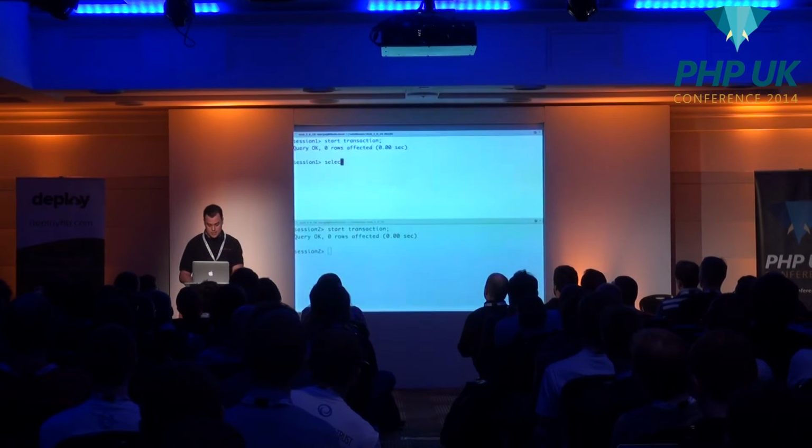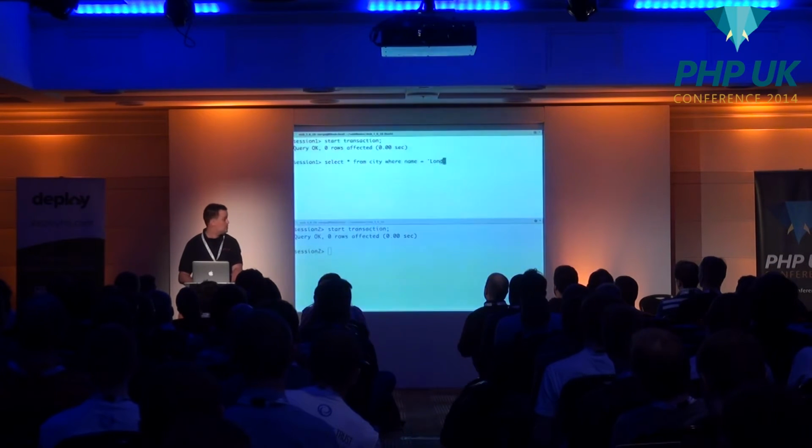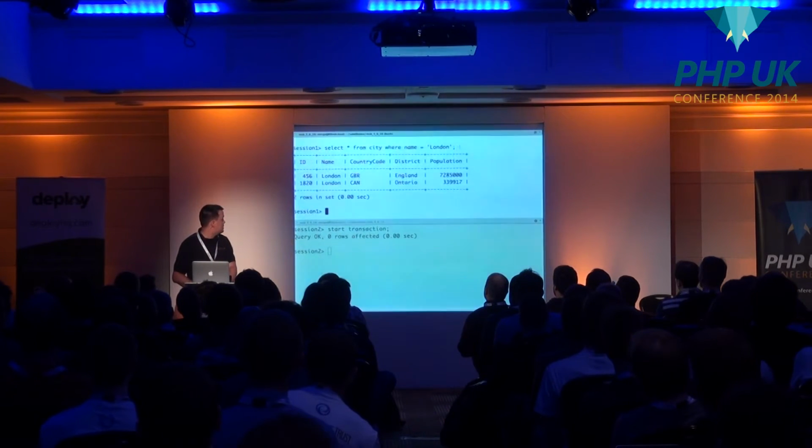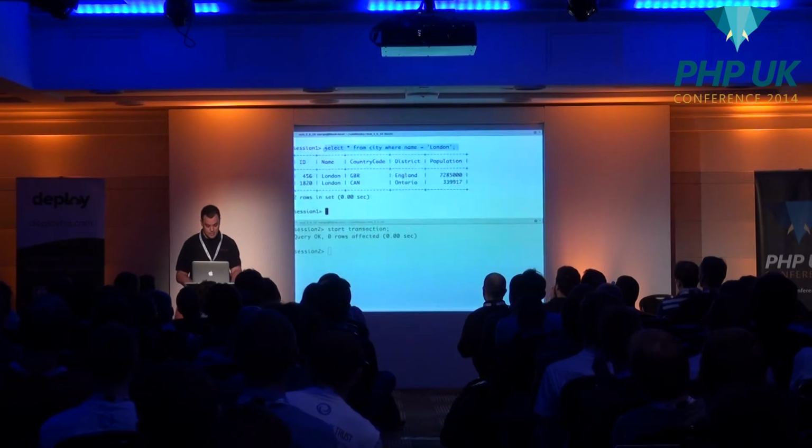Let's select the city from the city table, where name equals London. And we see that there are 2 rows. I live in Toronto, Canada, very close to the fake London that exists here.